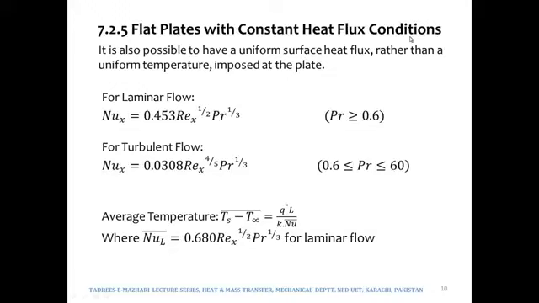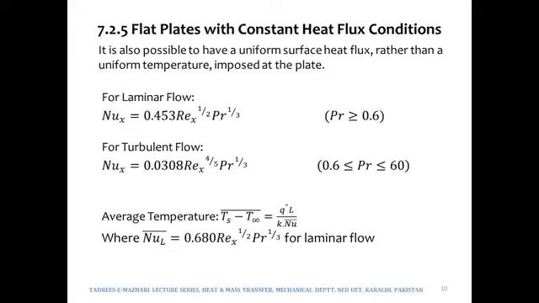So the plate may be isothermal. In that case, the temperature of the entire plate would remain constant at Ts, for example. Over here we are considering that the flat plate is at constant heat flux. So in this case, when the heat flux is constant, the temperature of the surface or the wall may not be uniform throughout.